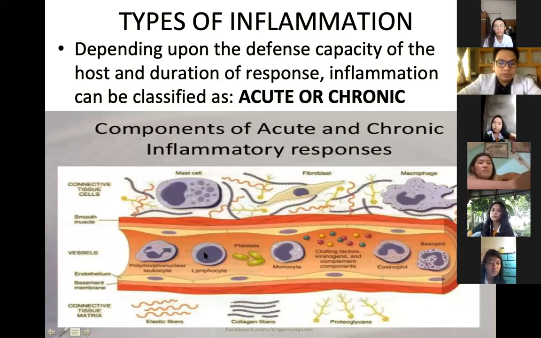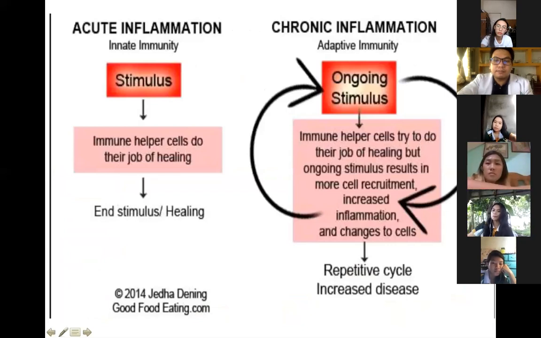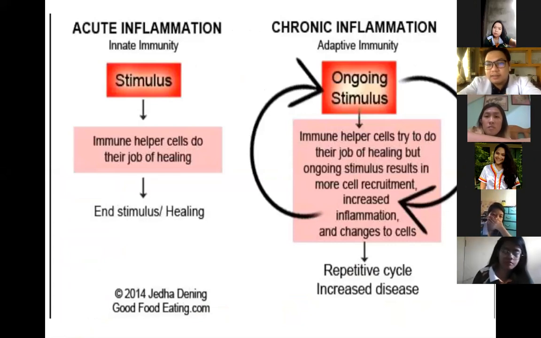So what are these two classifications, class? So acute, class, kung nakita niyo sa presentation: stimulus, helper cell, and then healing.